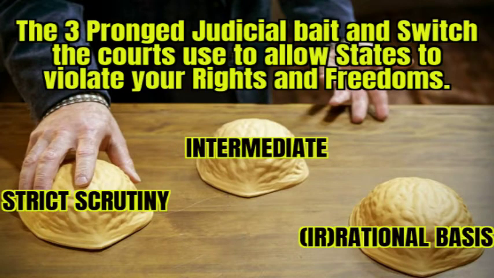So basically, the state or the federal government say, for example, we need to have this law in effect as it pertains to seatbelts. And I'm just using seatbelts as an example, because it's going to ensure safety, okay?